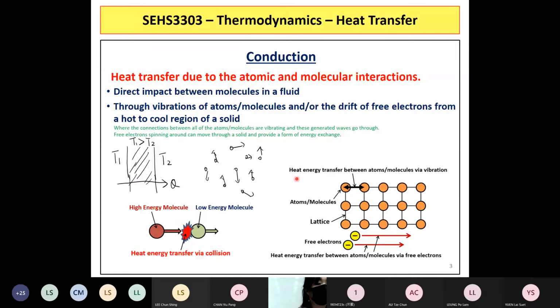First, vibration of molecules. Two, the drift of free electrons. Actually, we have the definition of the thermal conductor and the thermal insulator. A thermal conductor has both methods for a solid.